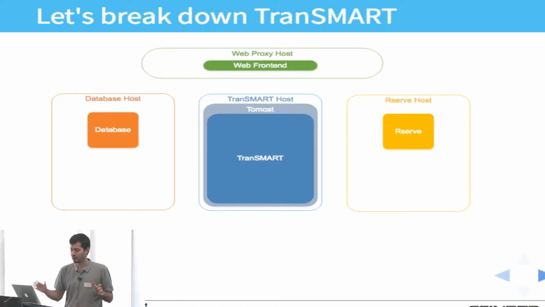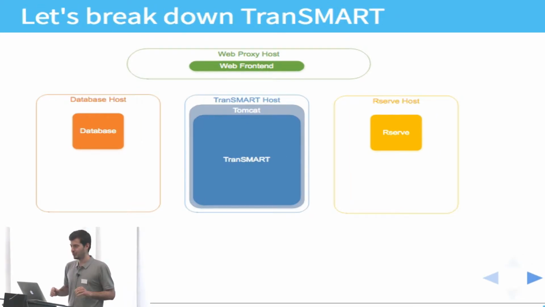And this time, maybe more for security reasons, we also took the web front-end part out of the Transmart stack. For instance, if you have some malicious people on the internet who want to take down your application, usually they attack through the internet.